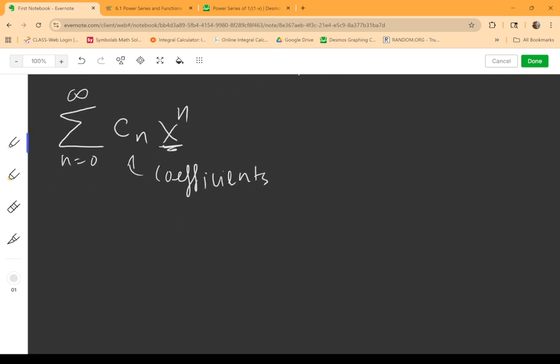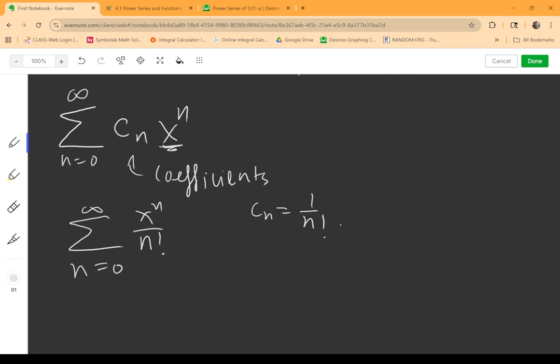I have some examples here. Let's say we have something like the sum from n equals 0 to infinity of x to the n over n factorial. This is also a power series, because it has that x to the n, and our c sub n is simply 1 over n factorial.